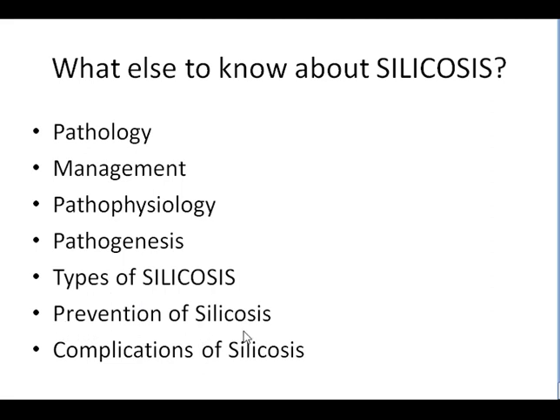Obviously, the prevention of silicosis, because once silicosis develops, that fibrotic change can never be reversed. So it is much more necessary to prevent silicosis than to cure it. Finally, the different complications that a person can suffer from silicosis. One complication I've touched on in this video is silicotuberculosis. There are other complications also. I will probably make a separate video on the complications of silicosis.